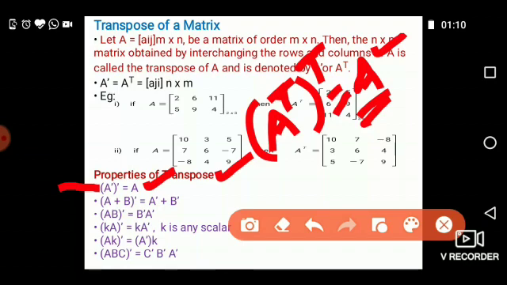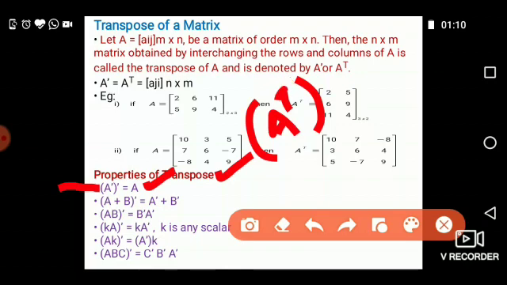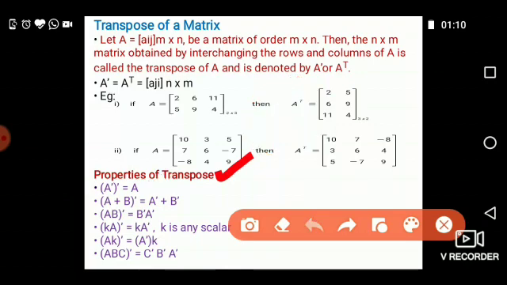For example, we have a matrix A in the second example as 10, 3, 5, 7, 6, minus 7, minus 8, 4, 9. The transpose of this matrix has first row elements 10, 7, minus 8, then 3, 6, 4 and 5, minus 7, 9.